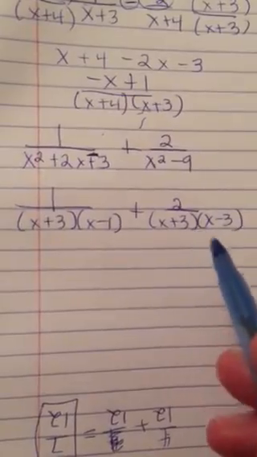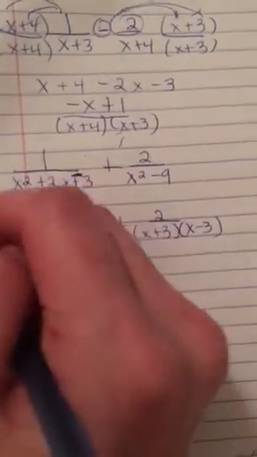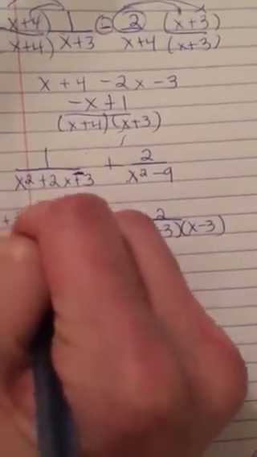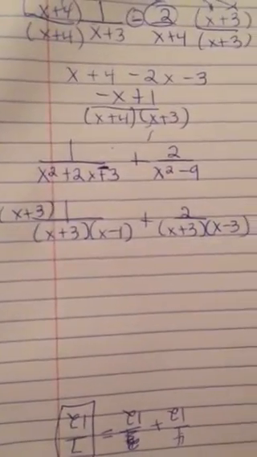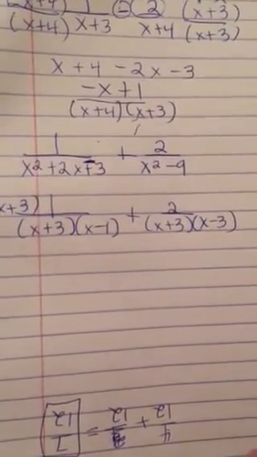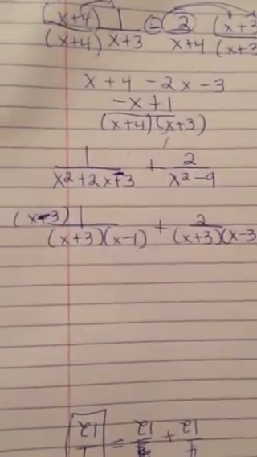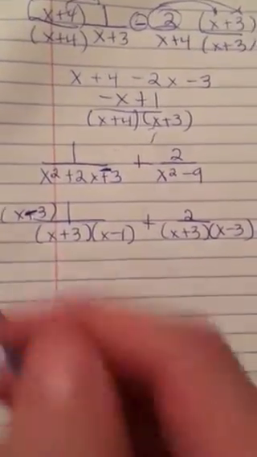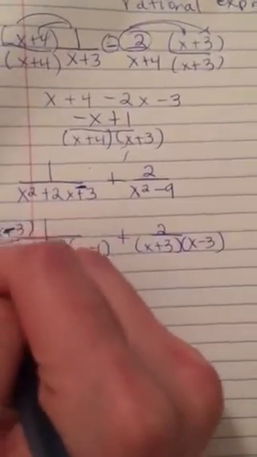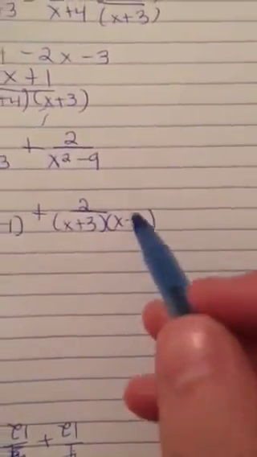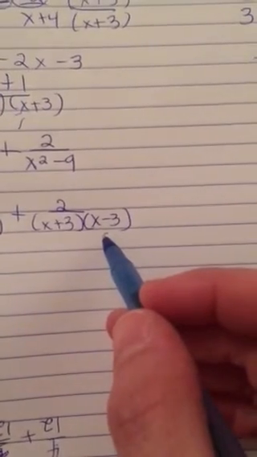So I would take this x minus 3, and I'm going to multiply that one by an x minus 3. Did I write plus? Silly me. X minus 3, top as well as bottom. And then over here, we're going to multiply this guy by an x minus 1.